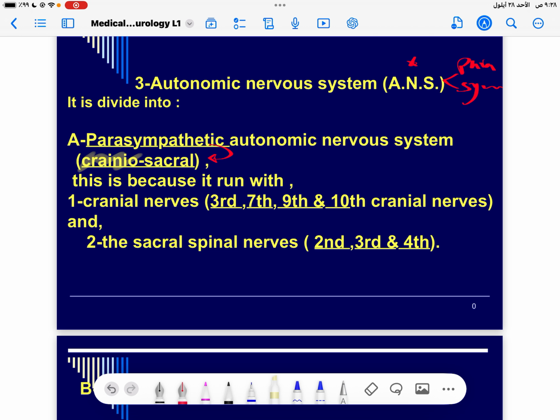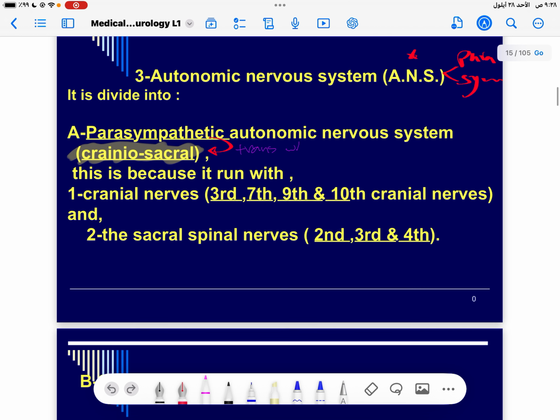Why called craniosacral? Because it runs with certain cranial nerves and with certain sacral nerves. So it runs with the cranial nerves, the 3rd, 7th, 9th, and 10th, and also with the sacral nerves, 2nd, 3rd, and 4th. That's why it's called craniosacral.